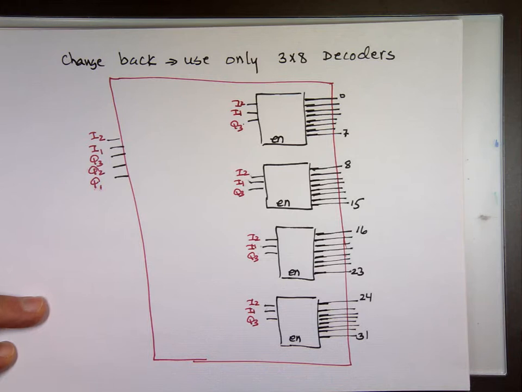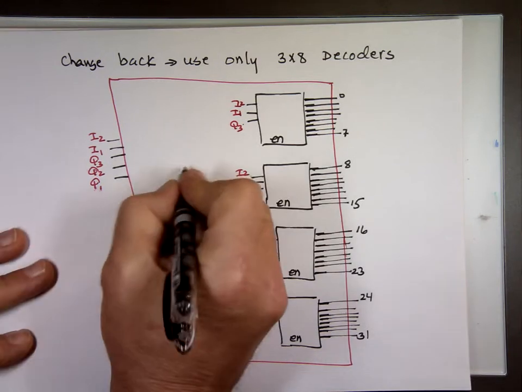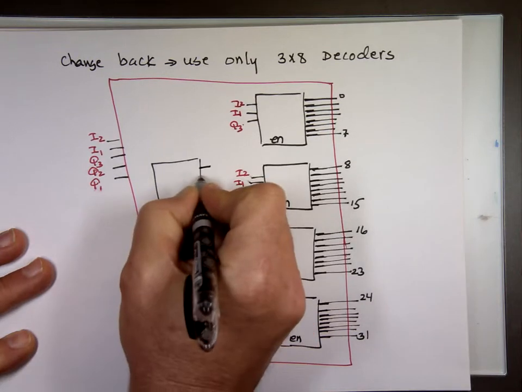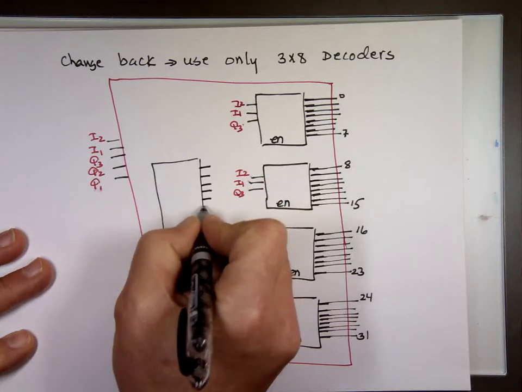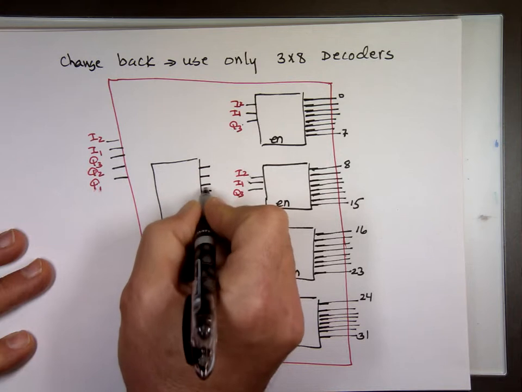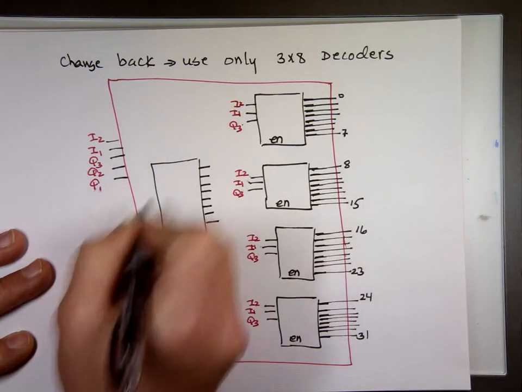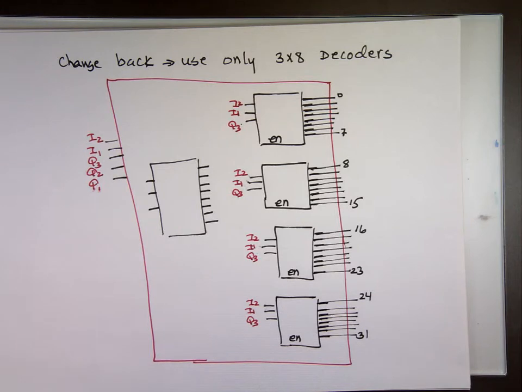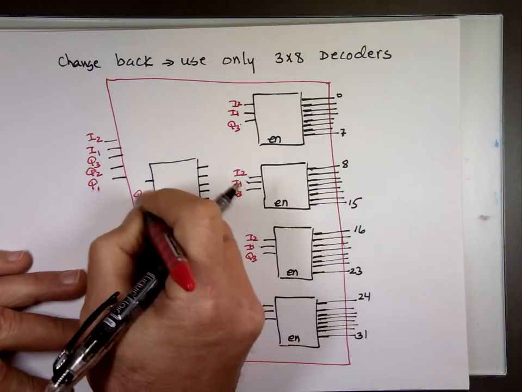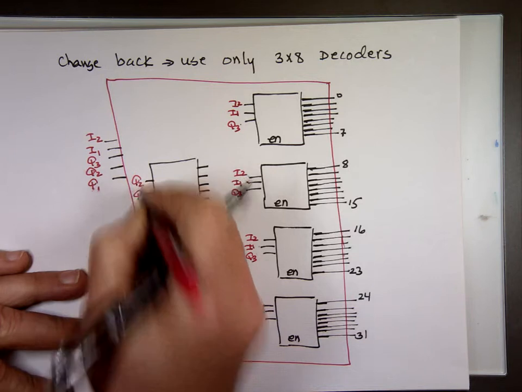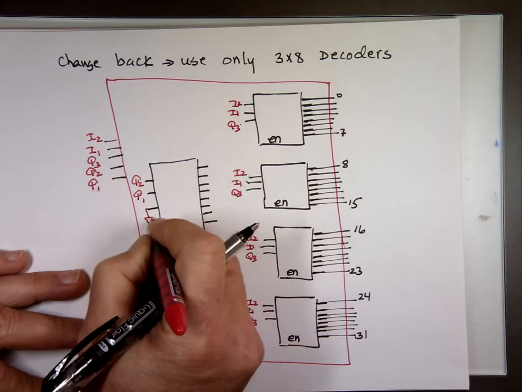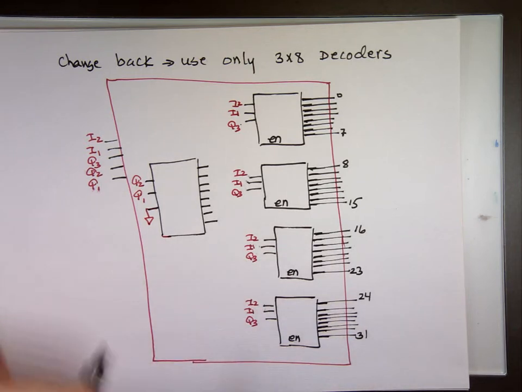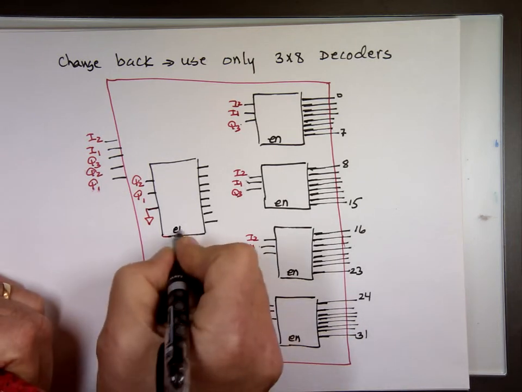And to do that, I can still use another 3 by 8 decoder. I'm going to use Q1 here and Q2 here, and maybe I'll ground this, up to me. In my chip enable here, let's say it works on high, it's already attached to VCC.